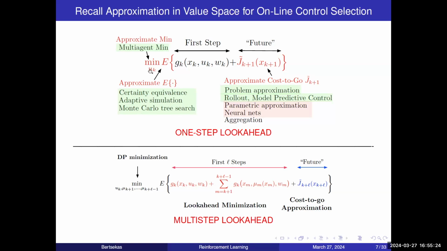The third source of approximation is this minimization operation, whereby in the case where the problem has a multi-agent architecture or structure, where u_k is composed of several components, we may optimize them one after the other. And we had a case study in the previous lecture that showed the effectiveness of this kind of operation.